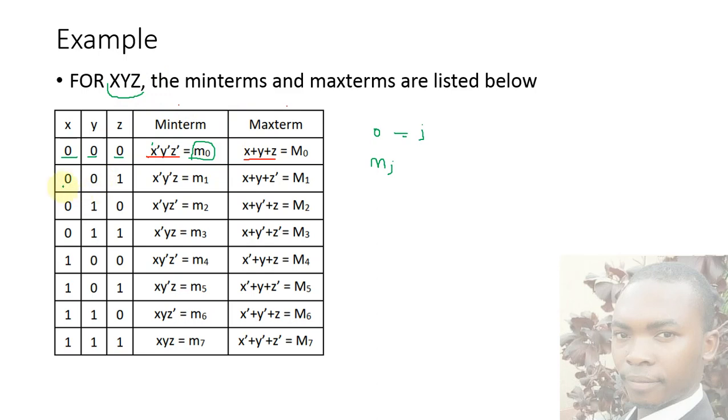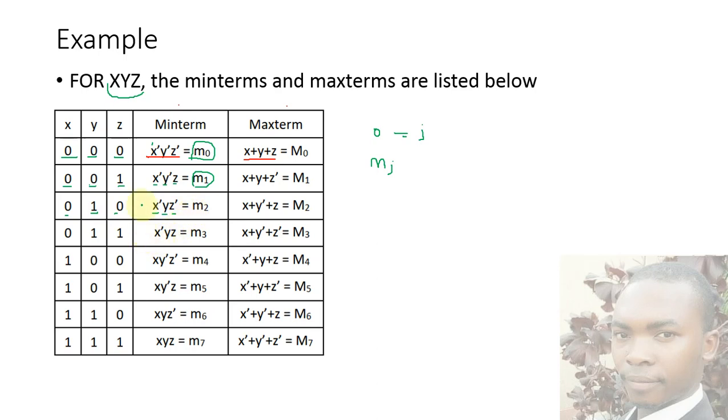Okay, so let's go on. We have a 0, which is not x. We have a 0 of y, that is a not y. And then we have a 1 of z, and that is why here we have a z, which has no not, and that is our m1. Again, we have a not x, and then we have a y, which is a 1, not complement, and then a z, which is 0.